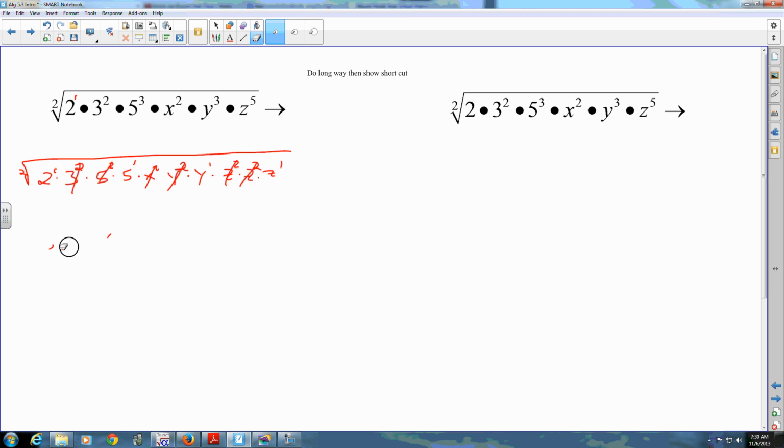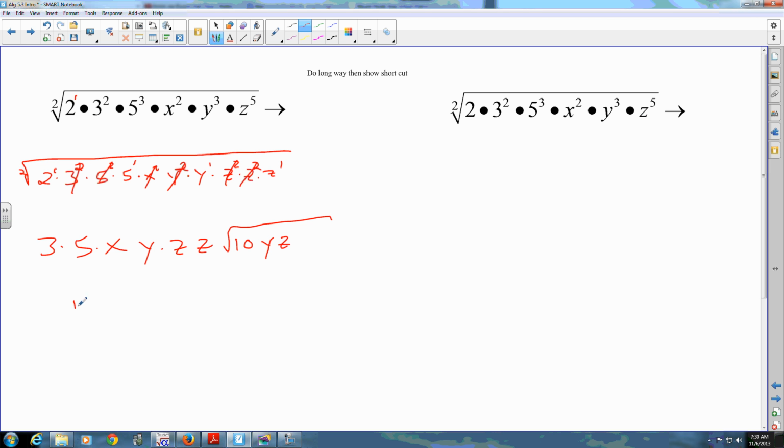The 3 when it pops out is 3. The 5 when it pops out is 5. The x squared when it pops out is x. The y squared when it pops out is y. And the z's when they pop out are z. And the other ones are still left inside. 2 times 5 is 10, x, y, and z.